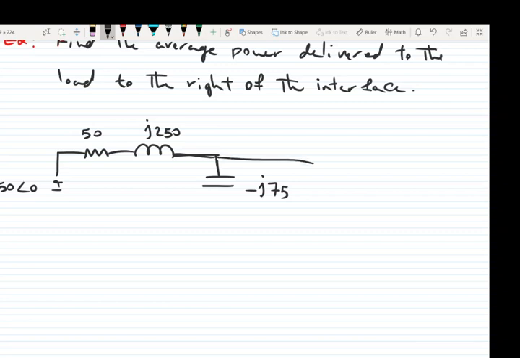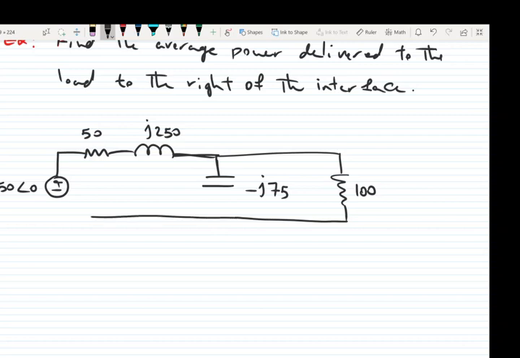And finally, we have a resistor here with a value of 100. And the interface is here.